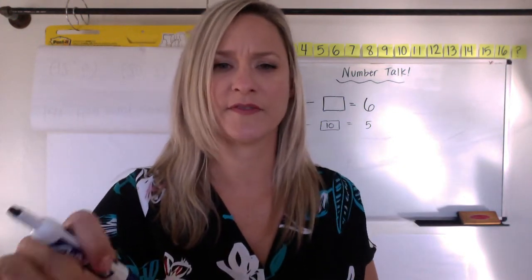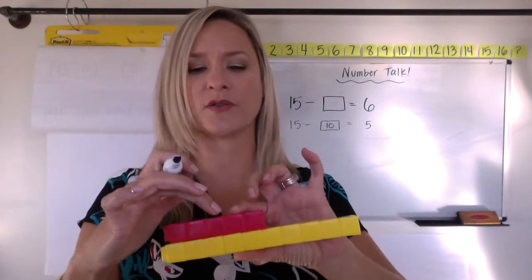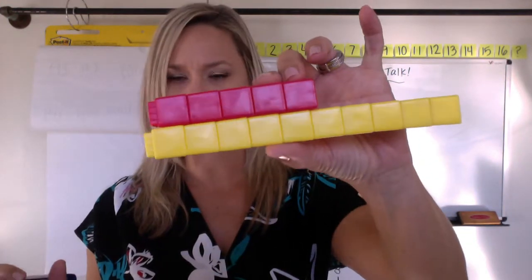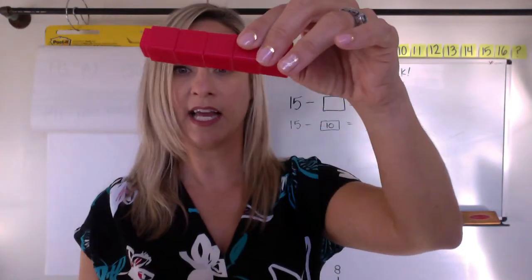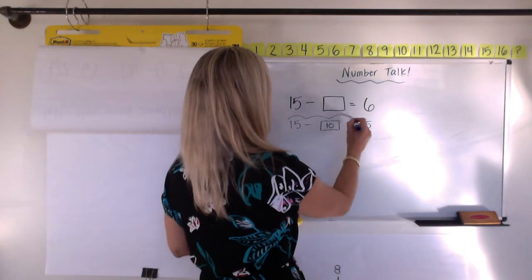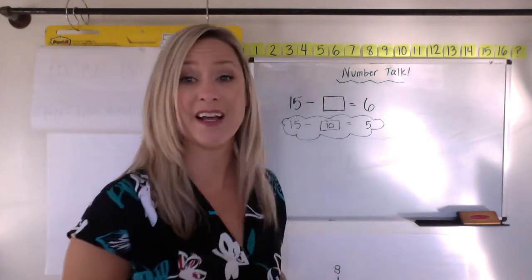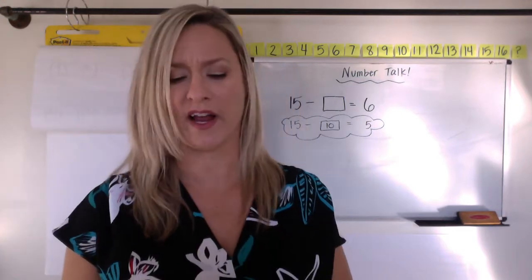So here's 15. Let's see what that looks like. We've got a 10 and then 1, 2, 3, 4, 5. So 15 minus 10 would give us 5, right? But this would just be something to help guide us in our minds, because we actually don't want 5. We want one more than that, right?